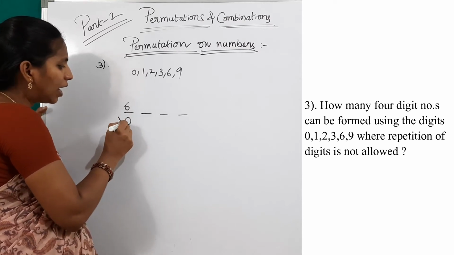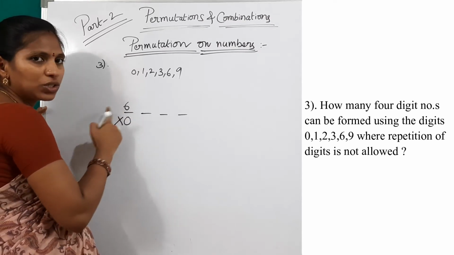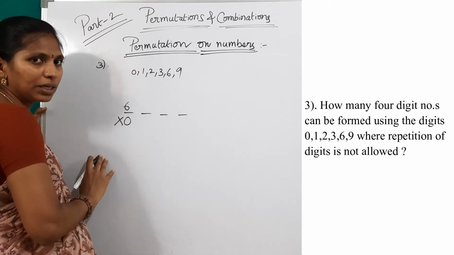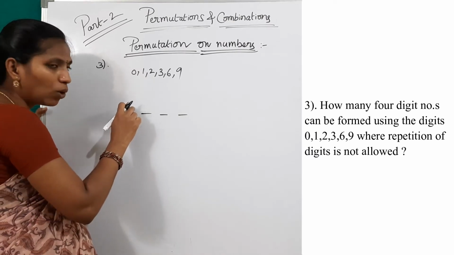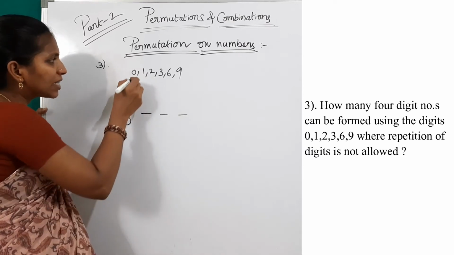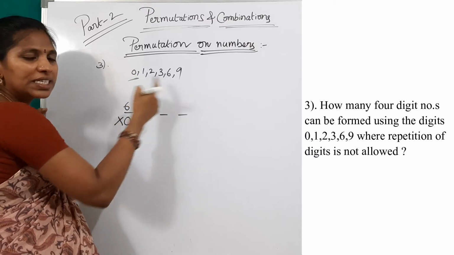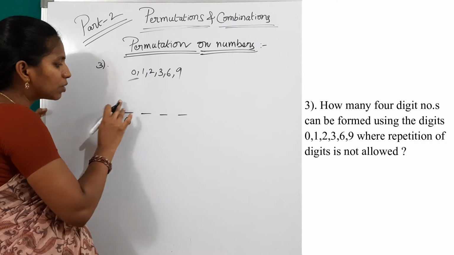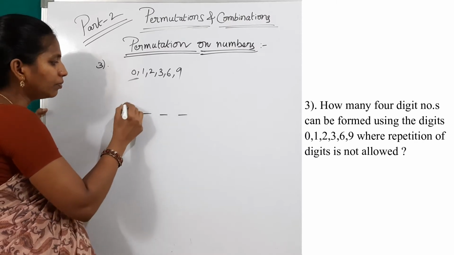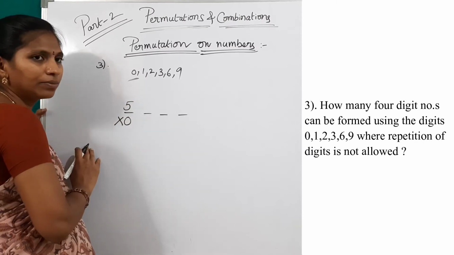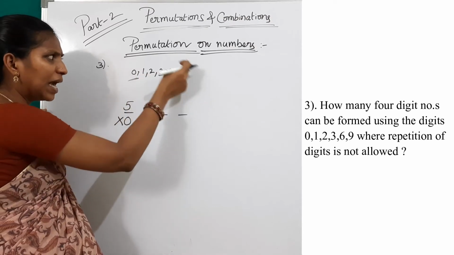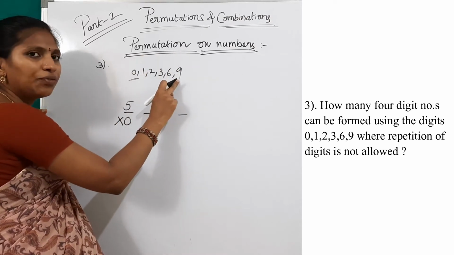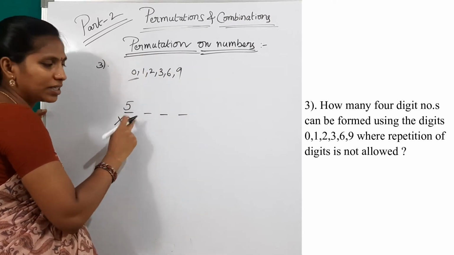So we can't place 0 in this position to get a 4-digit number. This is a not 0 position. So except 0, how many digits are there? 5. So how many chances are there to fill this blank? 5. Not 6, 5. Except 0, we can place any one of these 5 digits in this first place.